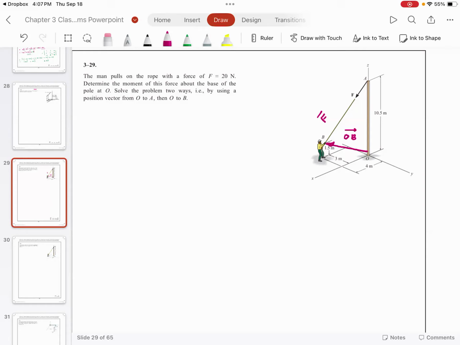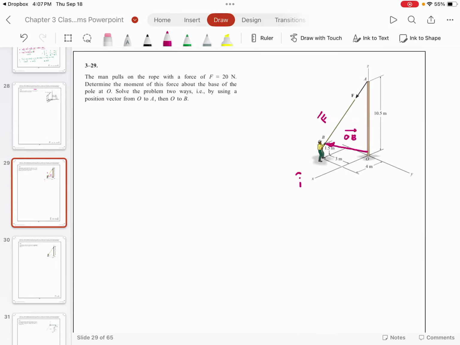This is the ijk, but do I know the ijk's? How do I find out the i's, j's, and k's? Here is what I'm going to do. Please remember this: you want to find out the unit vector in the direction of force.